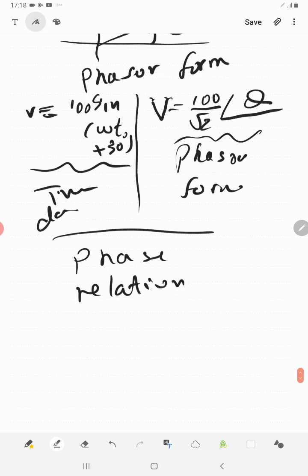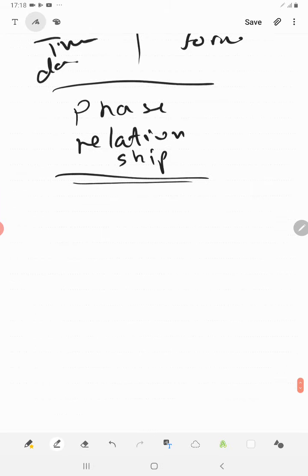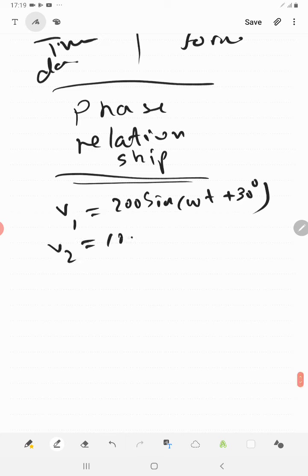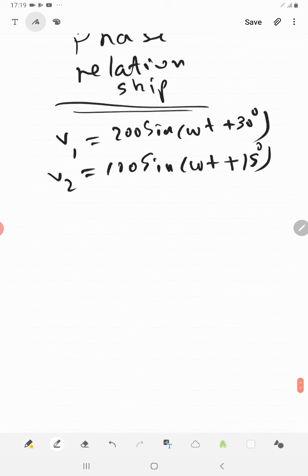Now, what are phase relationships? Let's say V1 equals 200 sine omega t plus 30 degrees, while V2 is 100 sine omega t plus 15 degrees. Then there is a phase relationship between both voltages. If we draw a phasor, this would be V1 and this would be V2.